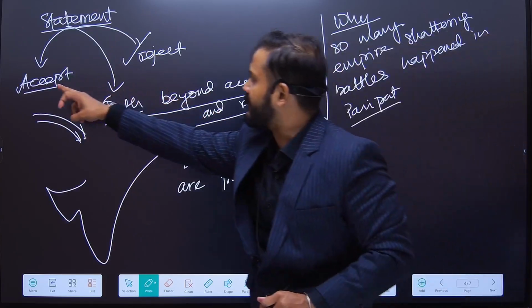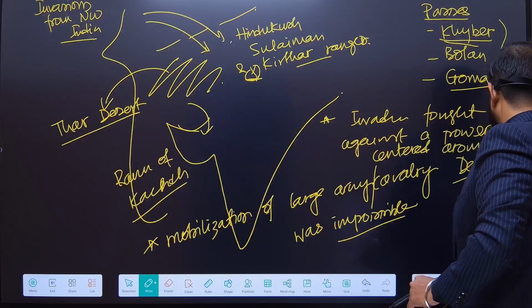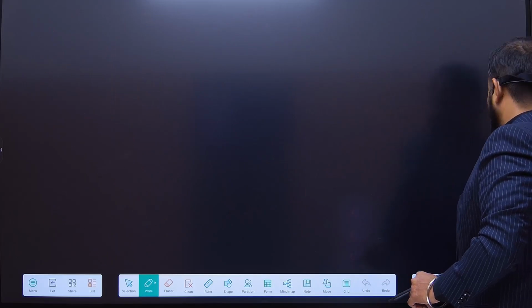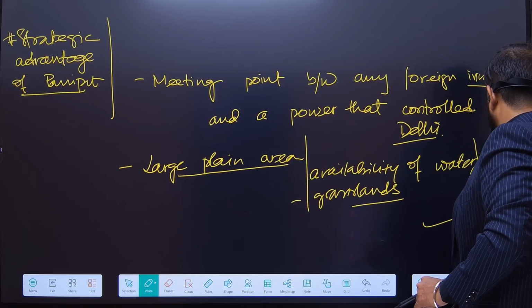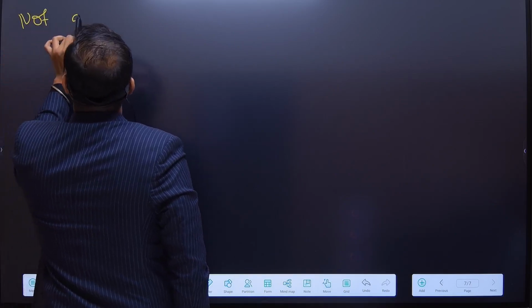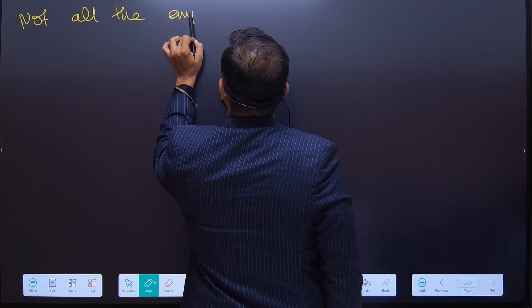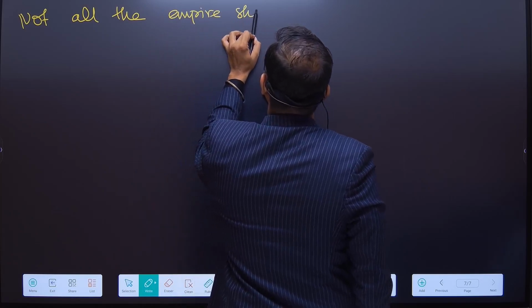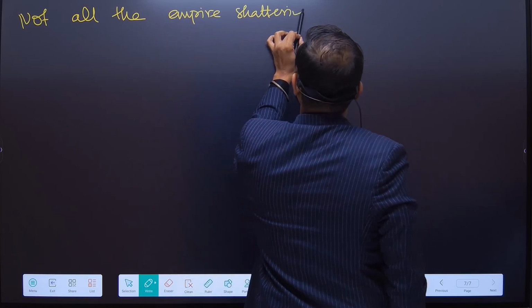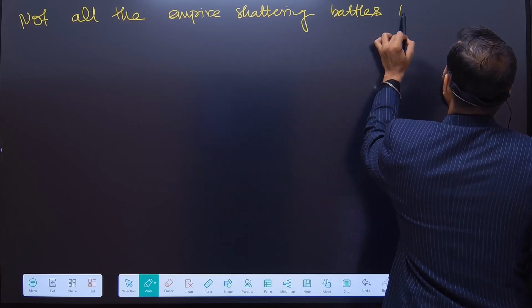Conclusion, what will you do? What did I say? You will accept and maybe you will reject. That means you can simply argue that not all the empire shattering battles happened in Panipat.